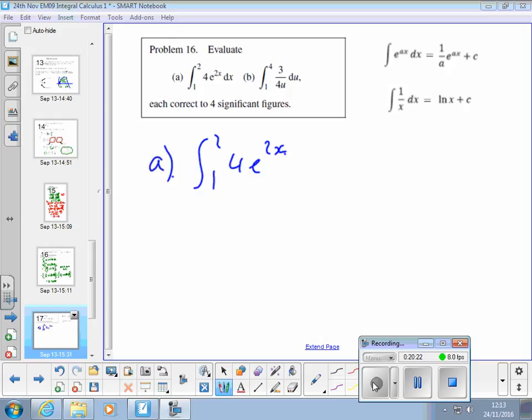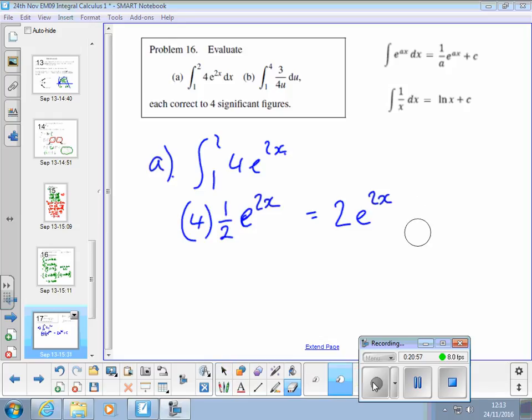If we integrate e to the 2x, we get 1 over 2 e to the 2x and we got to multiply that by 4, the constant. 4 times a half is 2, so that's 2e to the 2x plus c if we were doing an indefinite integral, but we know we can forget that, and we want to evaluate that between x is equal to 1 and 2.